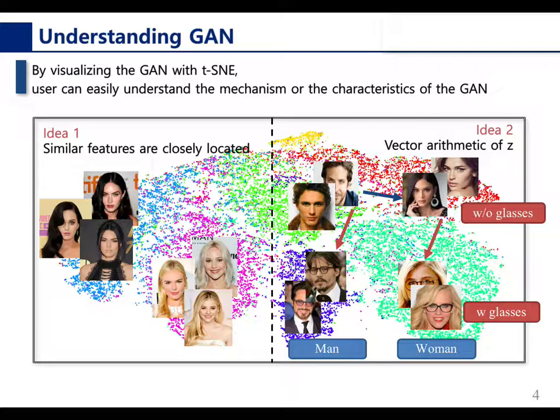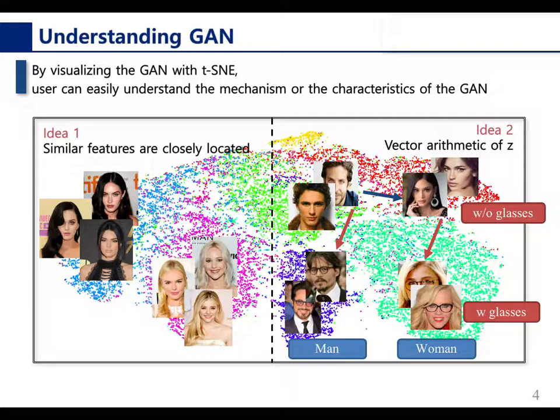For example, women with black hair are clustered closely, and on the other hand, the blondes are located close to each other. The second idea is that we can apply some vector arithmetic on G, and we can visually realize the operation on G.